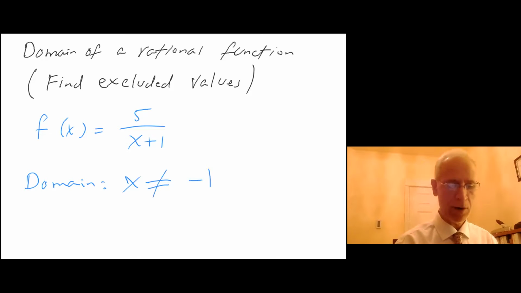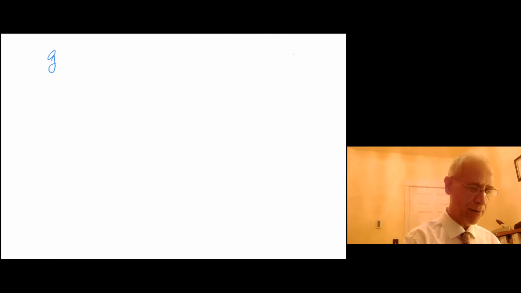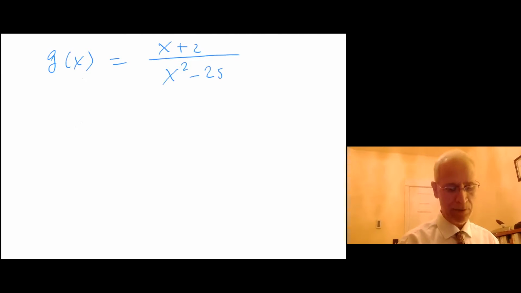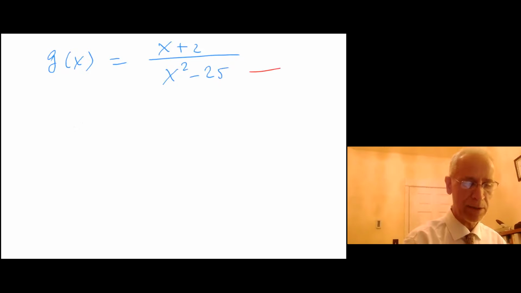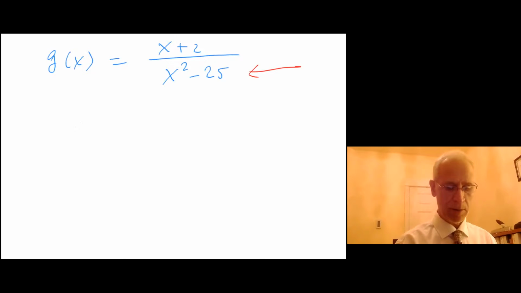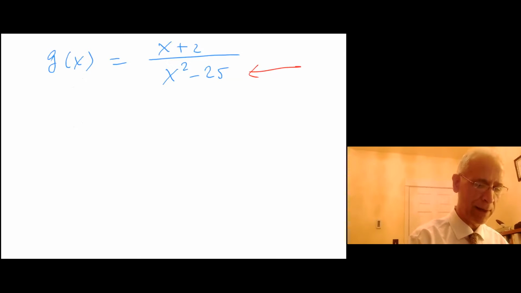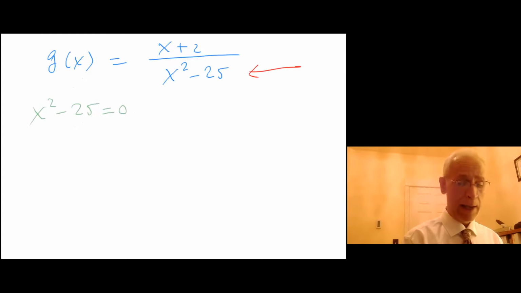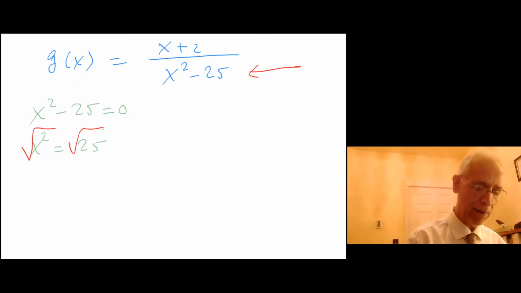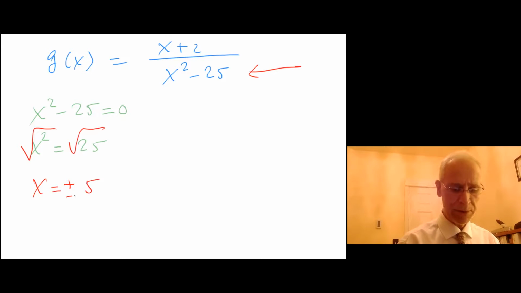Let's do something a little bit harder. What if I had g of x equals x plus 2 over x squared minus 25? And I want to know what values make the denominator 0. So 2 ways of doing this. In one way, you can say x squared minus 25 equals 0, and x squared equals, add 25 to both sides. Then take square root of both sides, and you have x equals plus and minus 5. You could also use factoring.